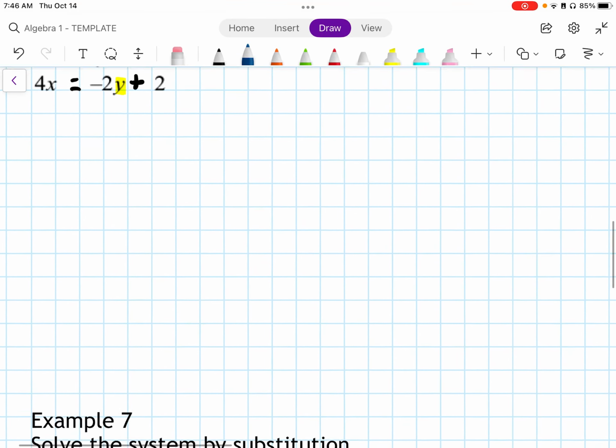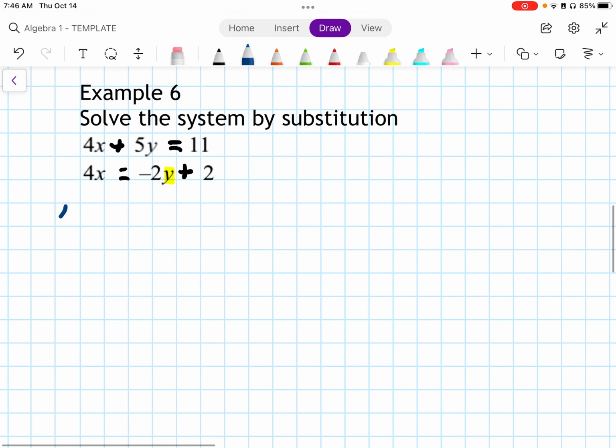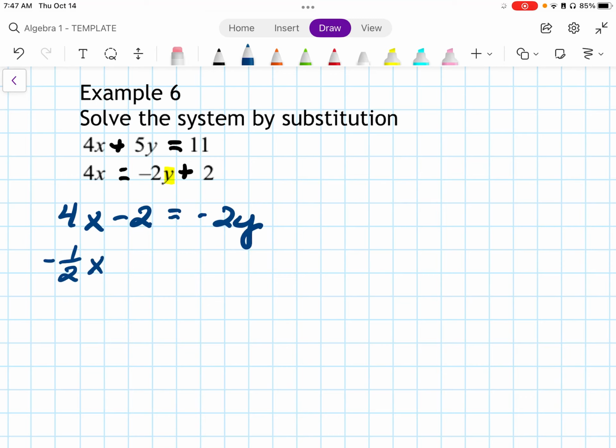If I solve for that, I'd have to subtract the 2, so I'd have 4x minus 2 equals negative 2y. And then dividing by negative 2, I'd have negative 1/2 x plus 1 equals y. Now I have a y equals, and I'm going to plug it back into the other one. You have to plug into the other one, right? We manipulated this bottom equation to get the y equals, and we need to plug into the top one now.